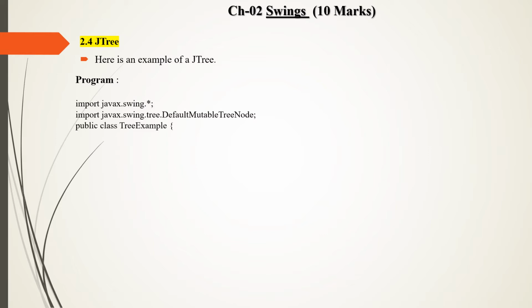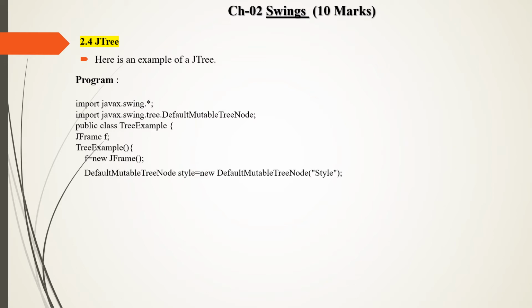Next we define the class. The name of the class is TreeExample. Then we create one object of JFrame; f is the object of JFrame. Then we define the constructor of our class TreeExample. Next we initialize the frame.